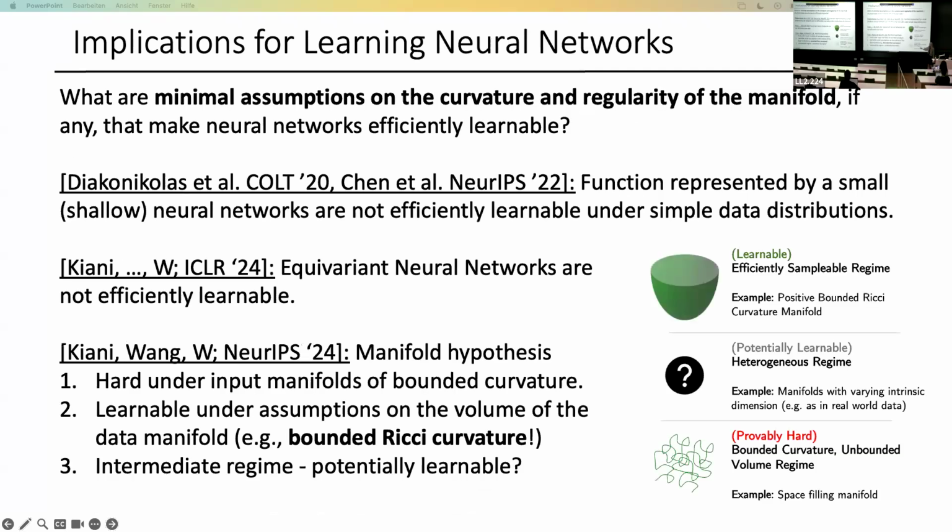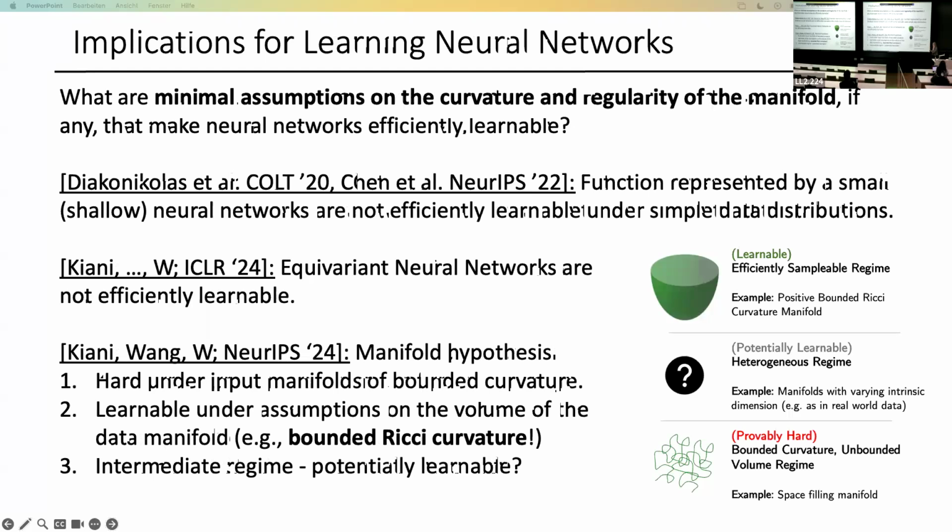And then another set of applications is very recent work. The geometry of the data manifold also has an impact on the complexity of learning certain architectures such as neural networks.